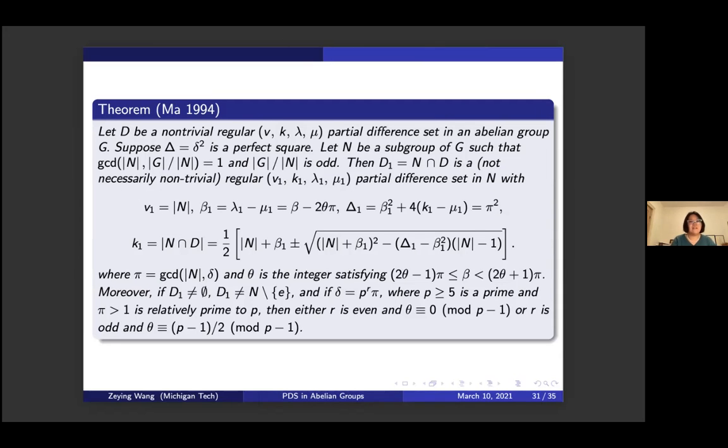So okay, what this result talks about is, suppose you have a partial difference set D and a group G, right? Now what you do is you take a subgroup of the original group and intersect it with your partial difference set, right? And the math result says the intersection, which is D1, remains a partial difference set.